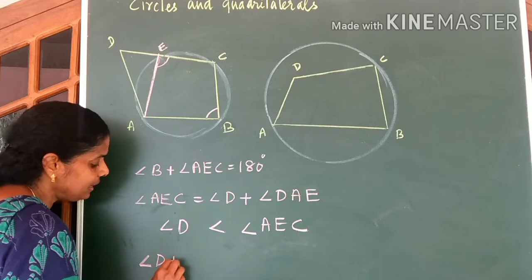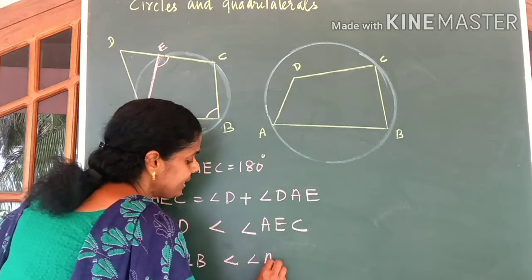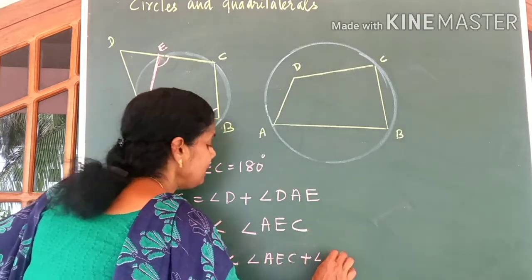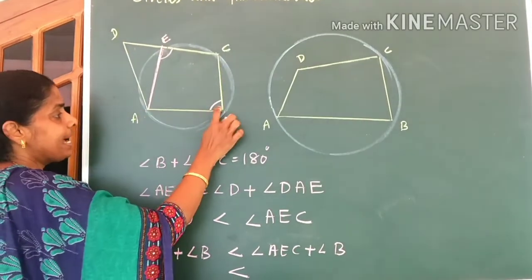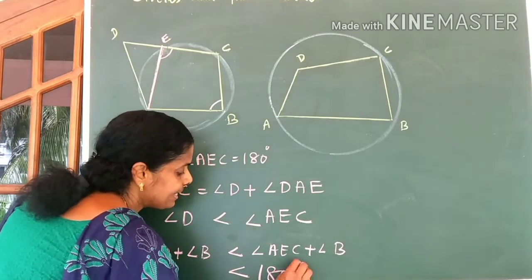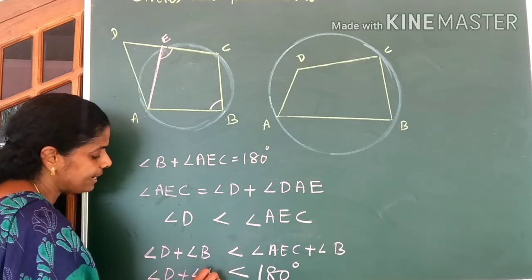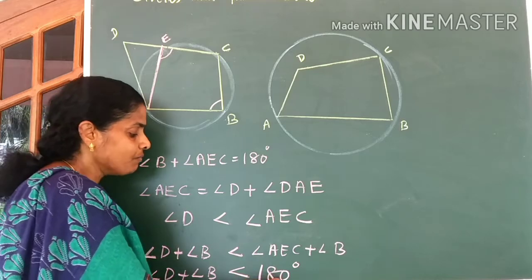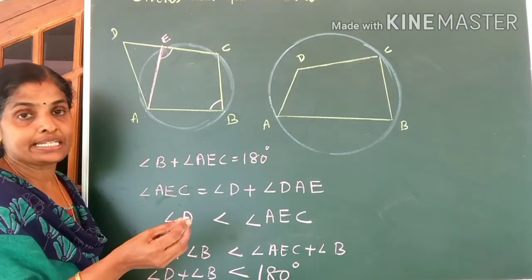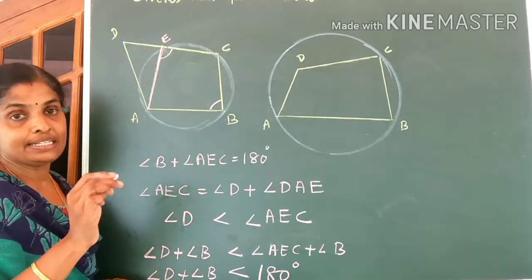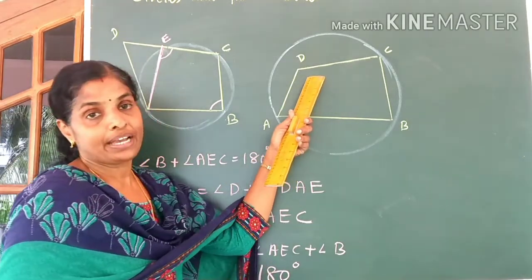You get angle D plus angle B to be less than angle AEC plus angle B. Now we know angle AEC plus angle B to be equal to 180 degree. So what did you get here? Angle D plus angle B is less than 180 degree. That is, if the fourth vertex is outside, sum of opposite angles is less than 180 degree.